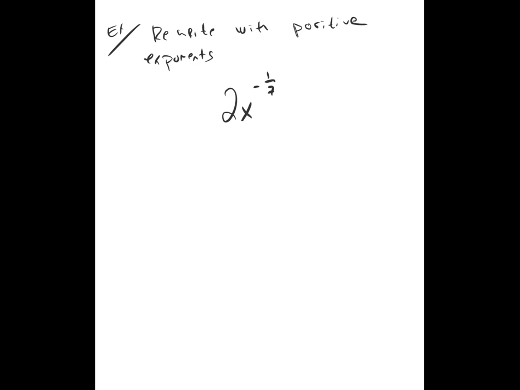Okay, so, right, we can rewrite this as 2 times x to the power of negative 1 over 7. All right, when they're next to each other, it means multiplication.